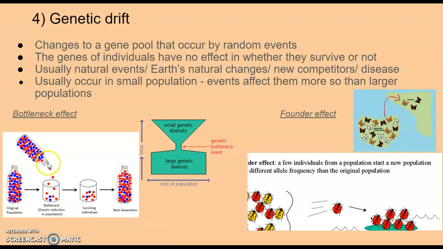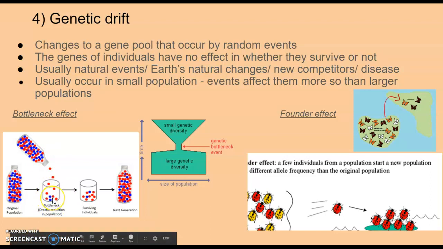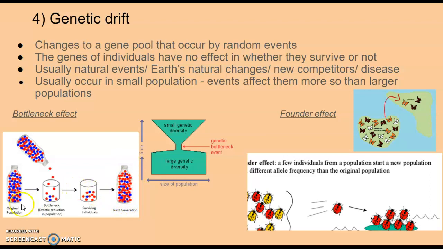Because of this bottleneck effect, only a few can come out at a time. So, what's my new population like after this event happened? I just happen to have more red than I do blue, right? So if this is my new population, they're going to survive, they're going to reproduce, and my next generation, notice my distribution here. It's mostly red and a few blue individuals, very different from my original.